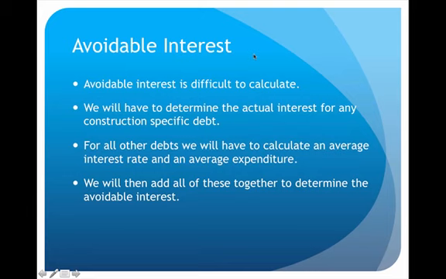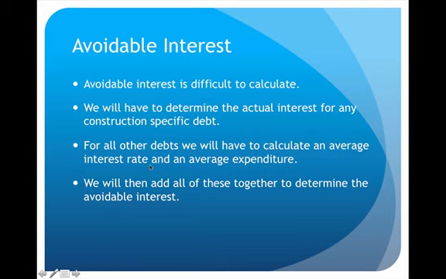The avoidable interest, that's a different story. Avoidable interest is a little bit more difficult because you have to first identify what we call construction-specific debt. And those are the debts that were borrowed literally to finance the construction. But then any other debts that you might have have to be averaged.